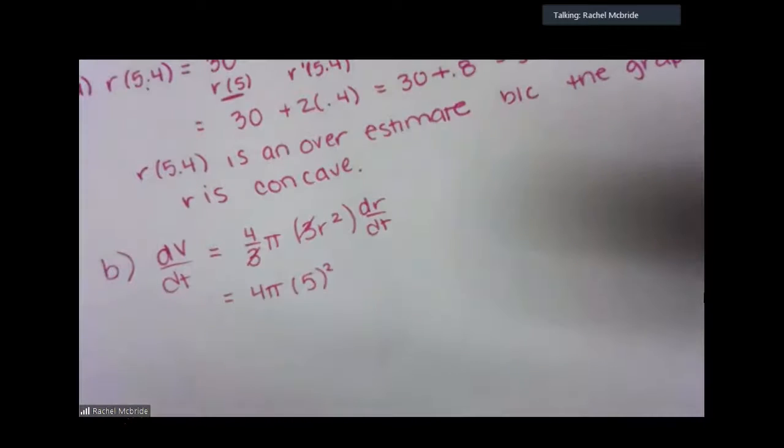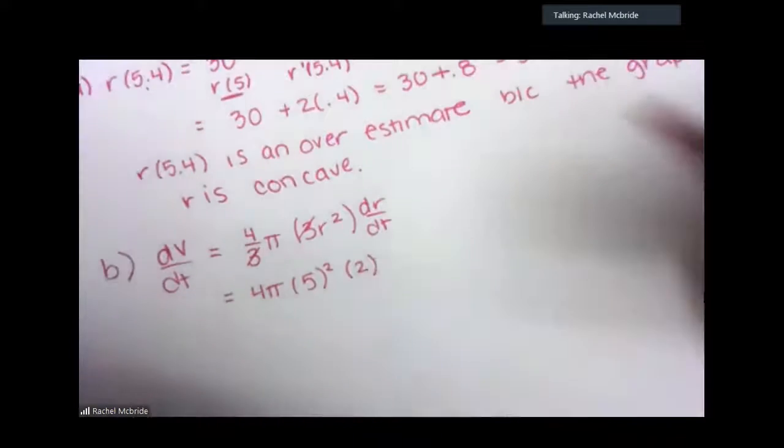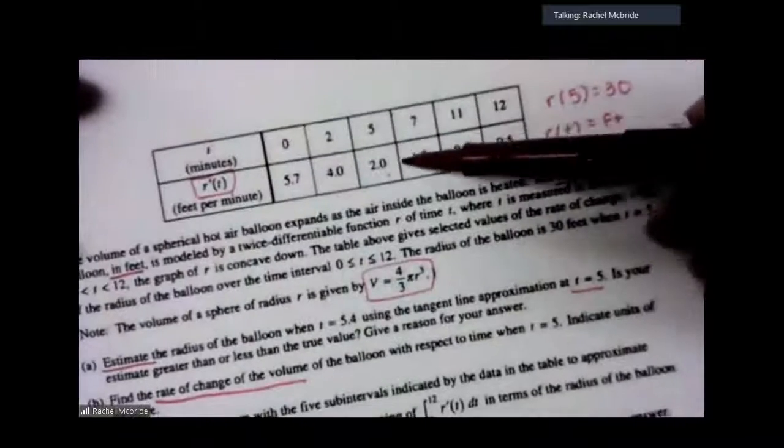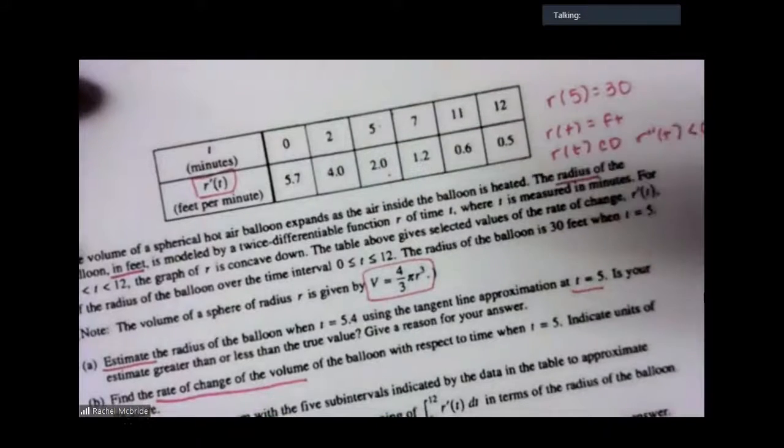Does anybody know what dr/dt would be? 2. Excellent, because it's the rate of change from the table at 5 seconds again.